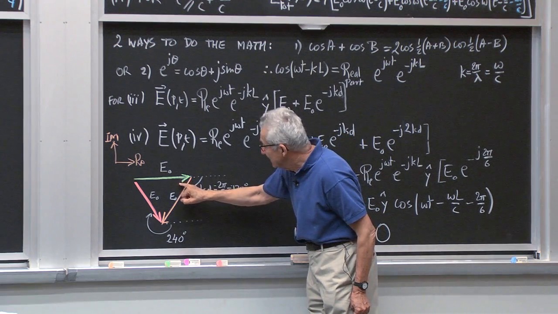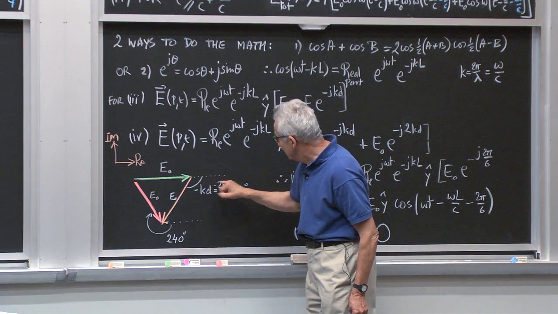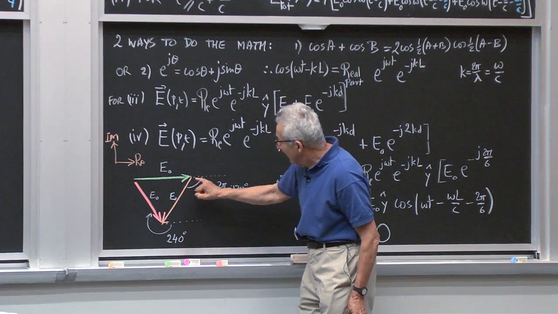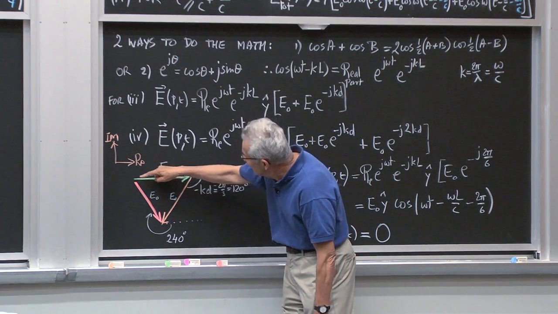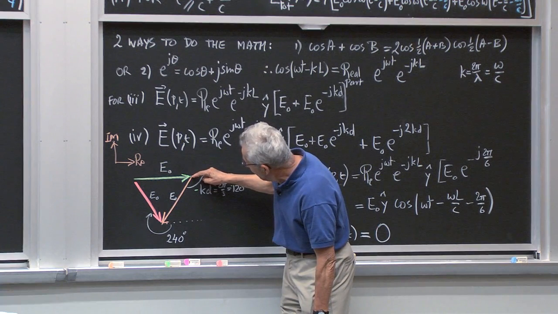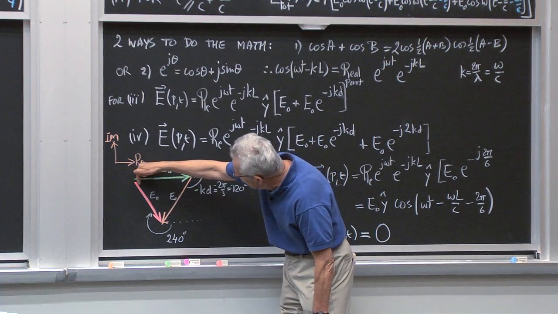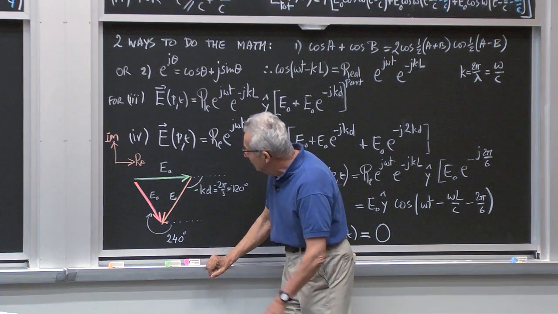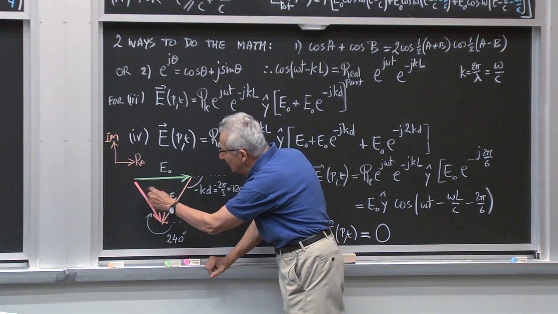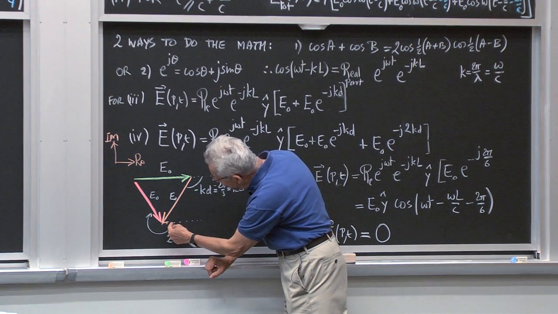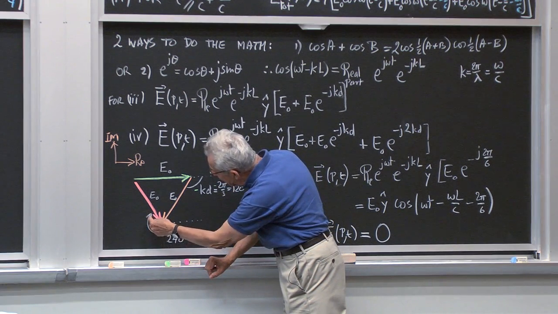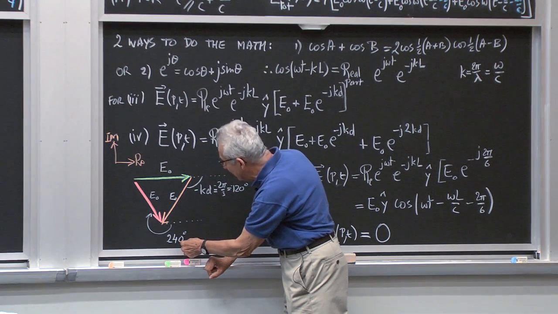This angle is 60 degrees, if this is 120. Okay? And this length is equal to that. So the result of this plus that will be this red vector here, which has magnitude E0. And at what angle is it? This angle here is 240 degrees.